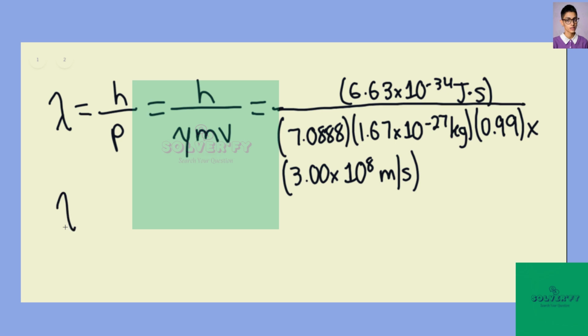And we find that the de Broglie wavelength would be 1.89 times 10 to the negative 16th meters.